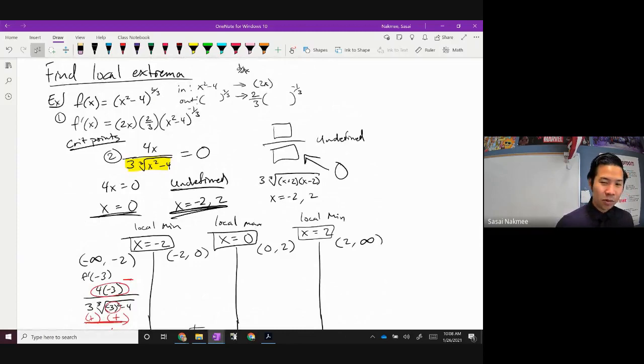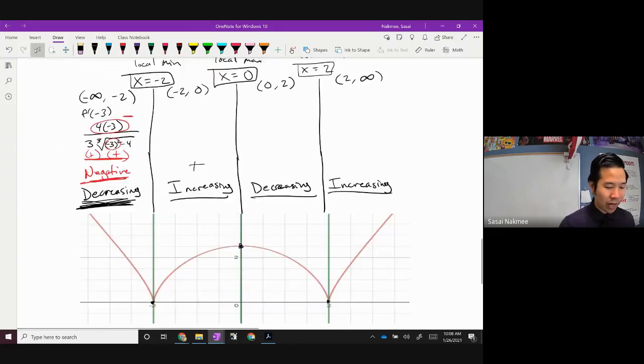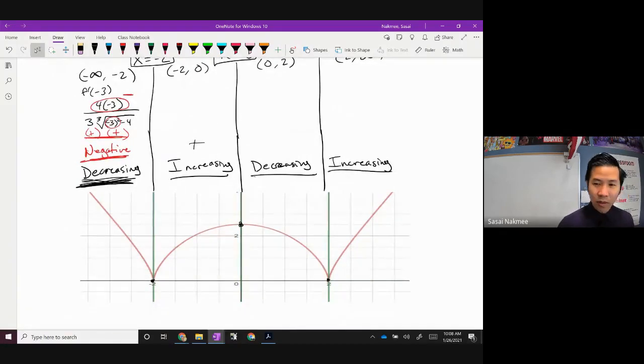When you're dealing with stuff like that, you don't focus on what the function value actually is, but instead on whether the function is increasing or decreasing.